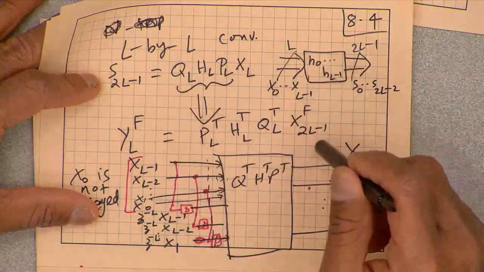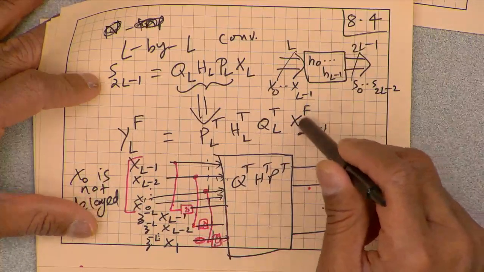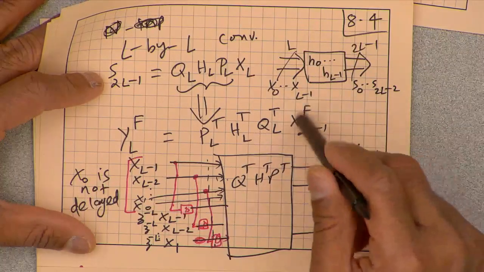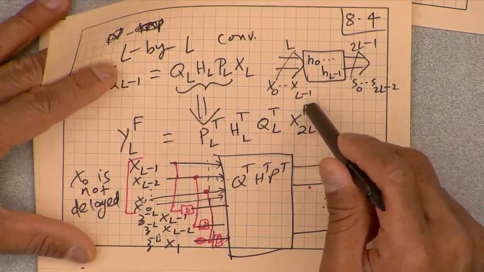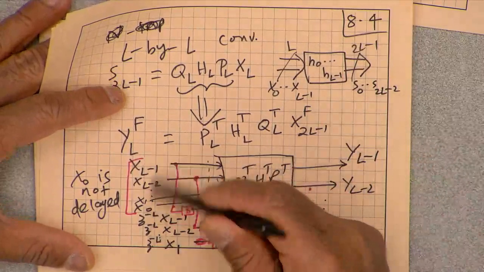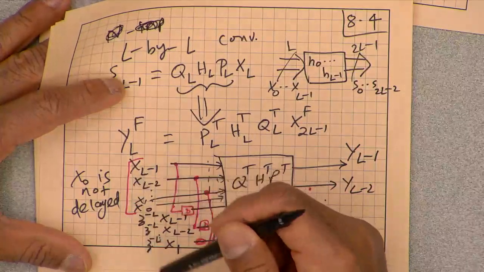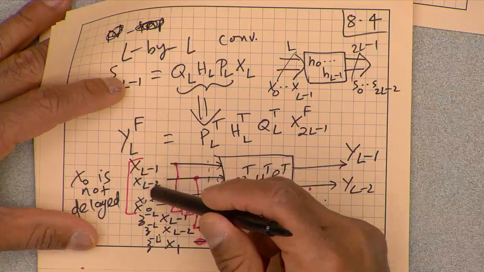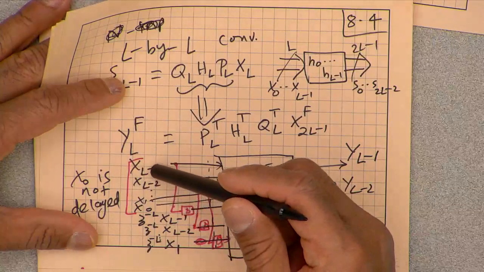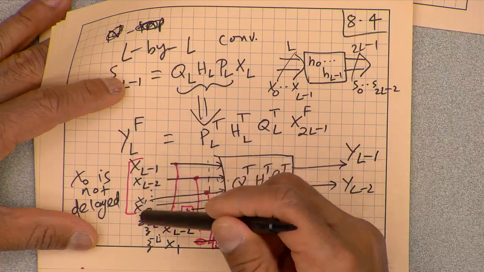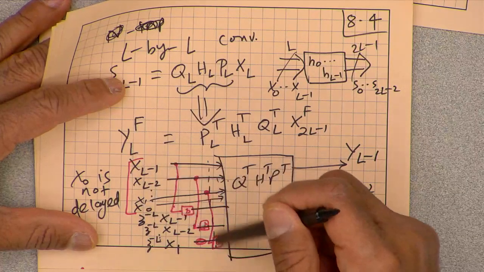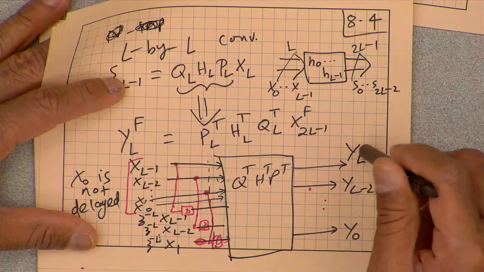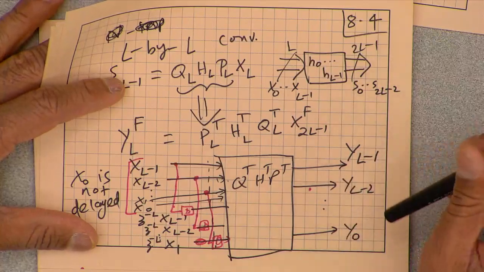So the input is 2l minus 1 point. For a 4 parallel filter, this would be 7 points, and the way we get 7 points is to take the 4 inputs and then the delayed version of the 3 inputs not including x0. And then the outputs are in flipped order. So outputs are obtained y3, y2, y1, y0.